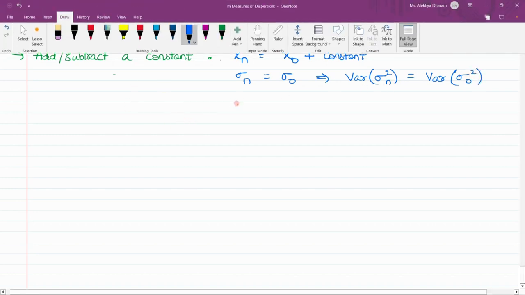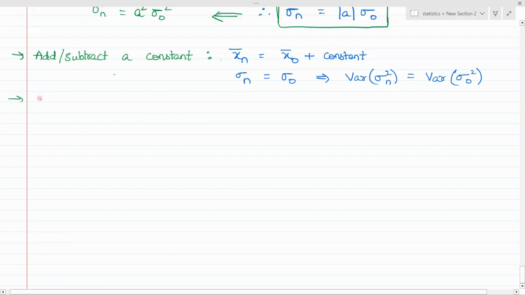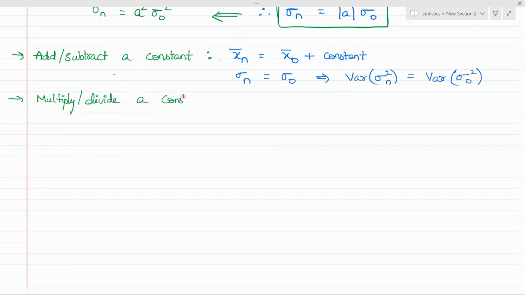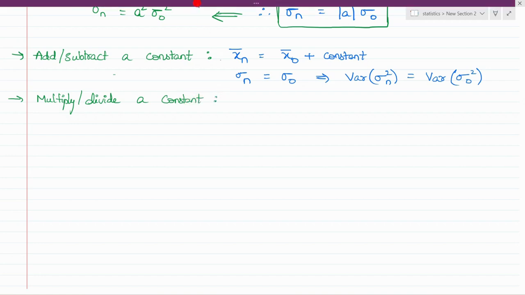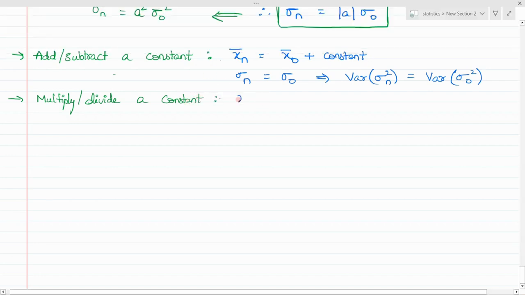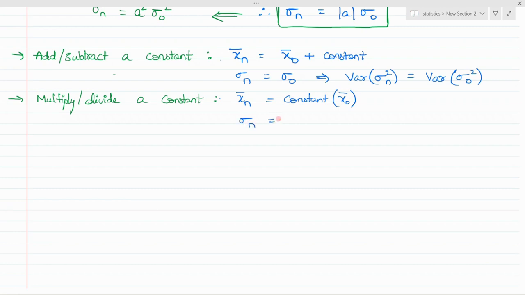Next, when we multiply or divide a constant, the new mean will be the constant times the old mean. Here, standard deviation and variance both change. How? The new standard deviation will be mod constant times the old standard deviation.